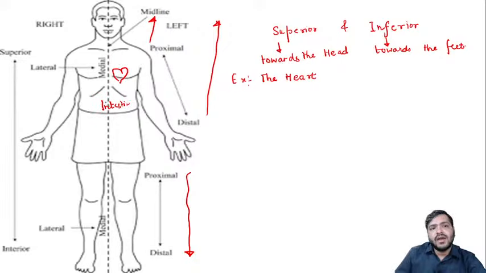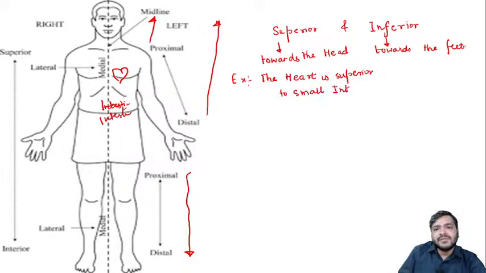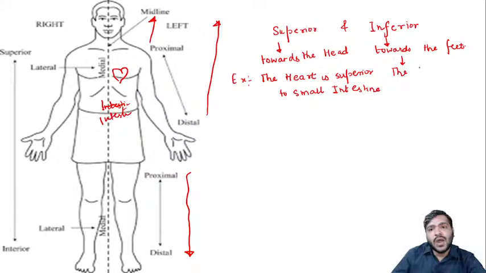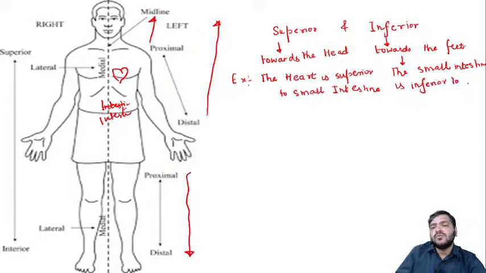You can see that the heart is superior to the small intestine, or if I simply say, the small intestine is inferior to the heart.